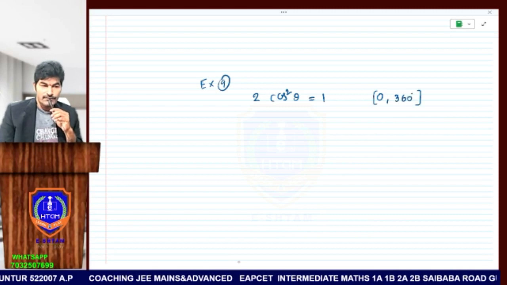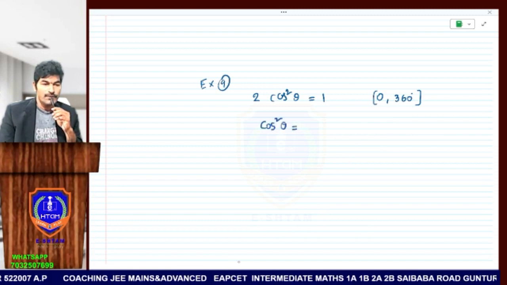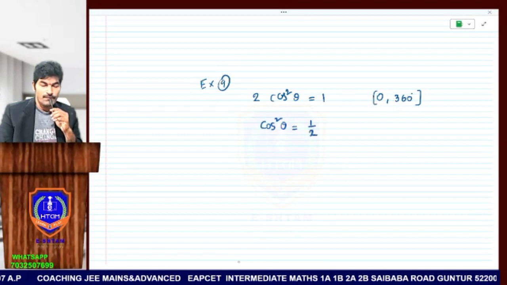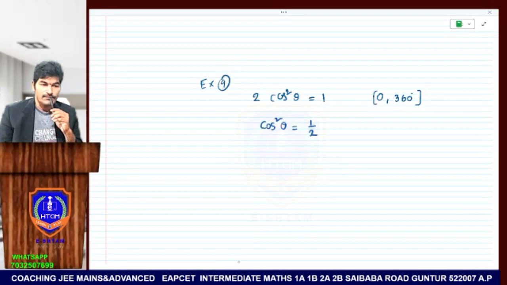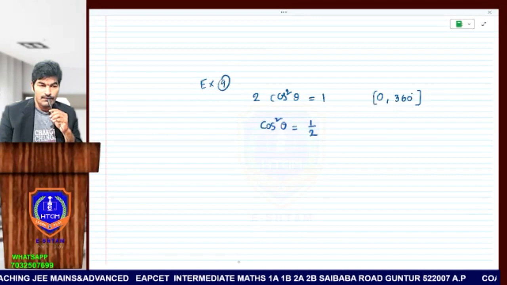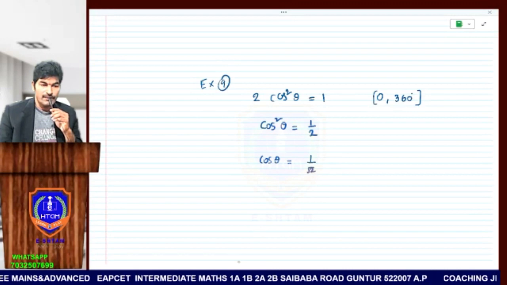From this equation, you can write that cos square theta equal to 1 by 2. And you can remove this square from here. Then it will be cos theta equal to plus or minus 1 by root 2.